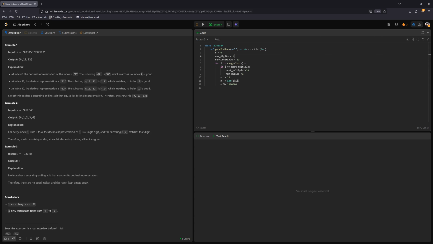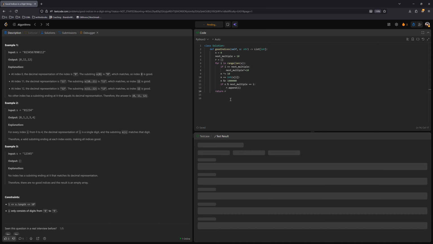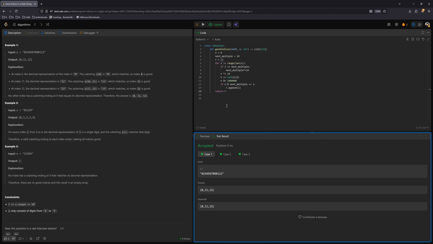Let's see. I don't think we need the num digits. Let's just get rid of it and see if we can work with this. Okay, so now it wants to know... ret value is going to be equal to r, and we're going to say if n mod next multiple equals I, then in that case r dot append I. All right.